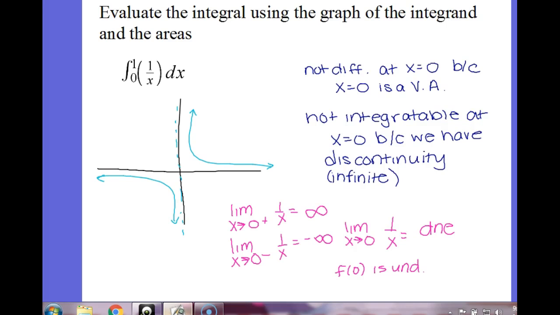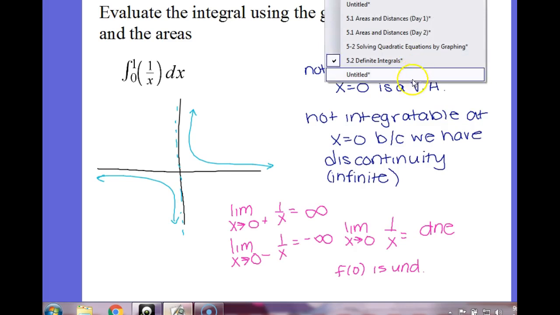So, there are a couple things that we have to understand in making that connection. First off, how did we find our subintervals, or what did we define our subintervals to be?